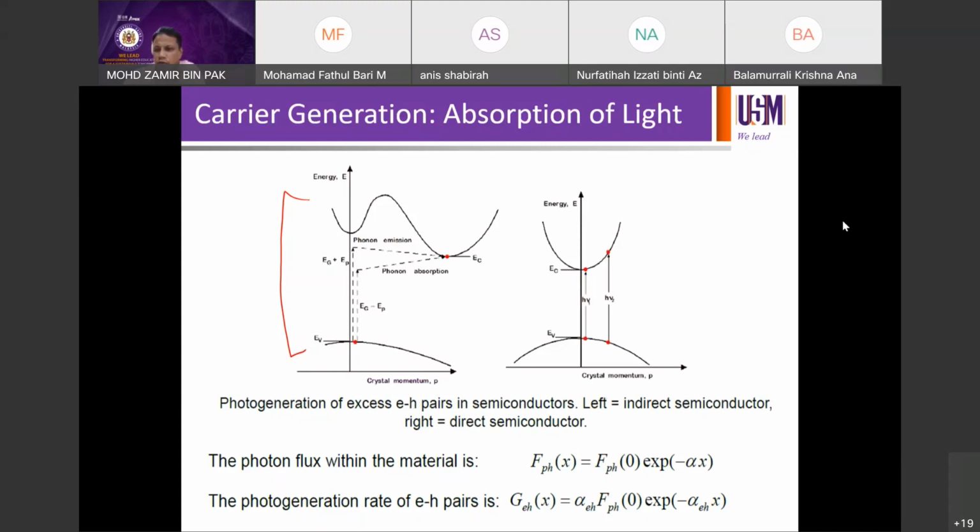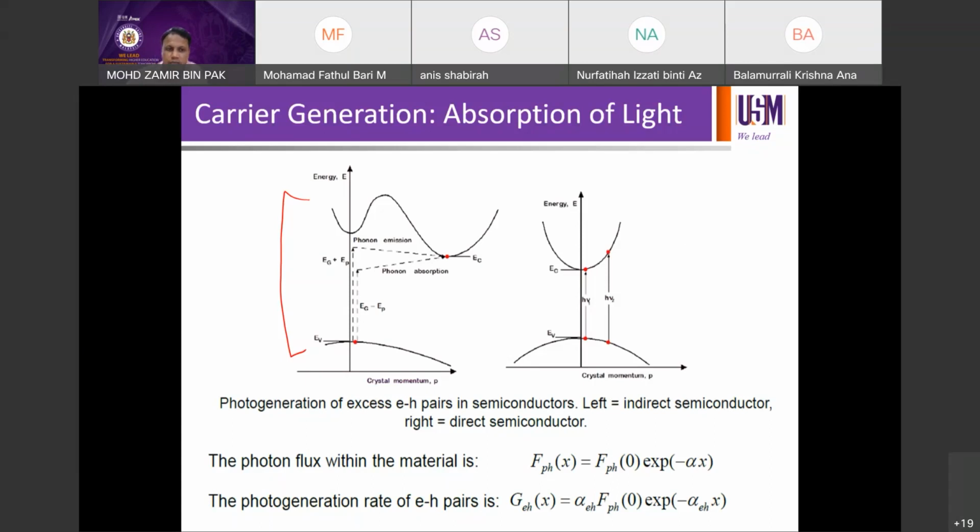Not sure? Okay, all right, that's fine. So let's discuss this. Fatin, do you have any idea? What do we have on the left? Is it an indirect band gap semiconductor or direct band gap semiconductor?